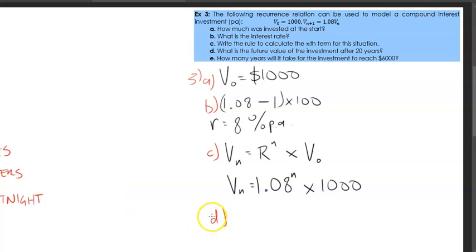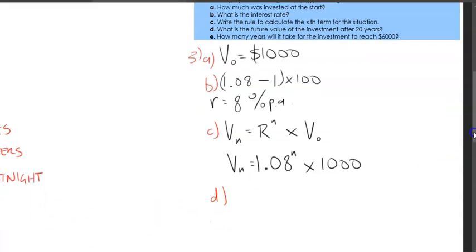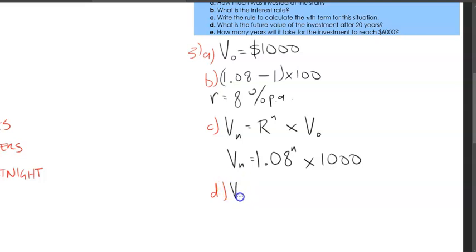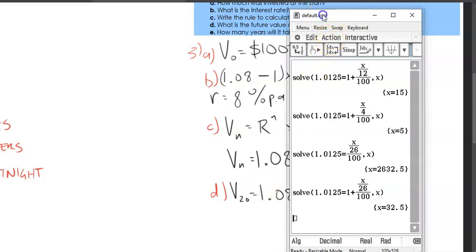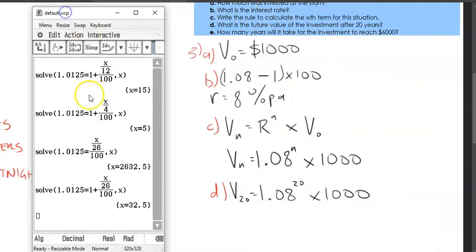What is the future value of an investment after 20 years? So after 20 years, all we're doing is just finding V of 20. And we're going to replace the n with a 20, so that, remember, that's to the power of 20. So let's put this into a calculator, class my calculator, to make sure that we're doing this correctly.